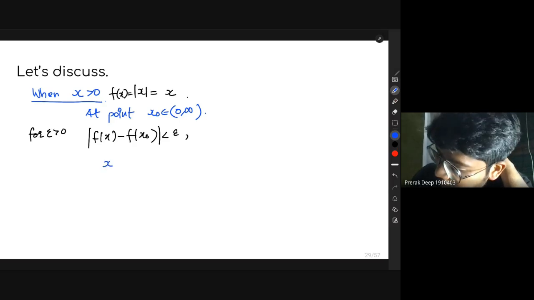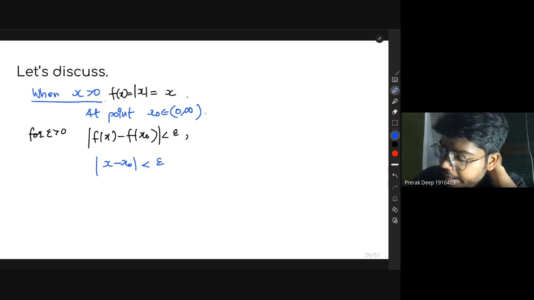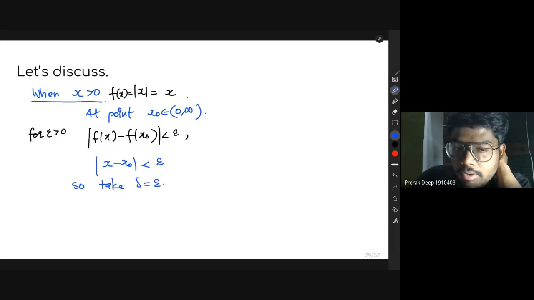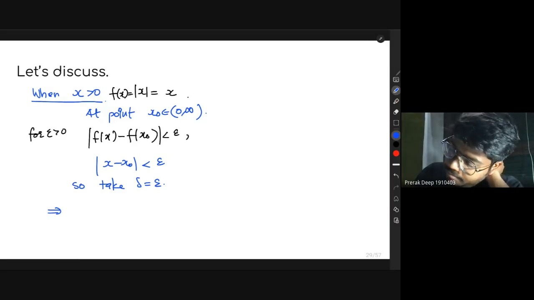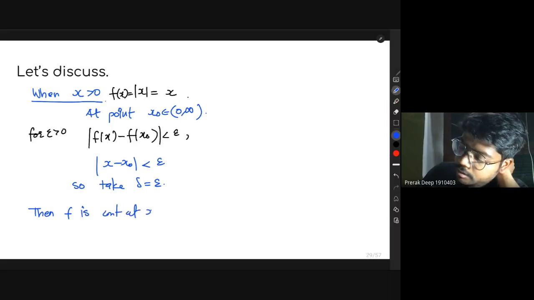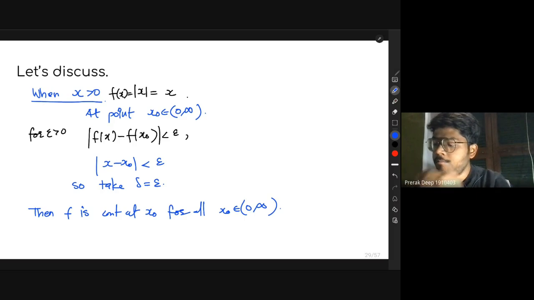Now this function, if I rewrite it, is clearly |x minus x naught|. So take your delta to be epsilon only. If you take delta to be epsilon, then this function f is continuous at x naught for all x naught in this open domain. Okay, is this clear?